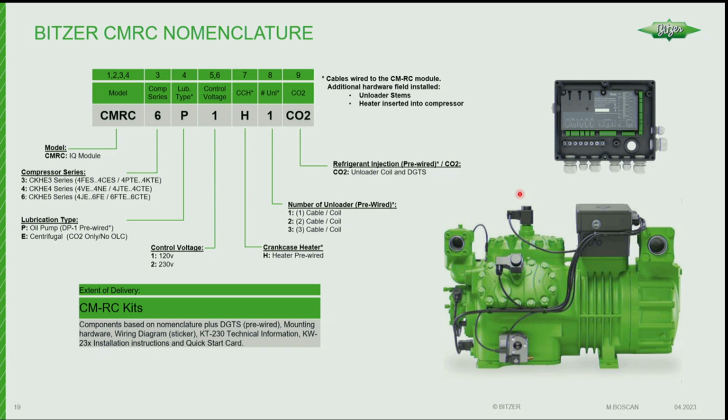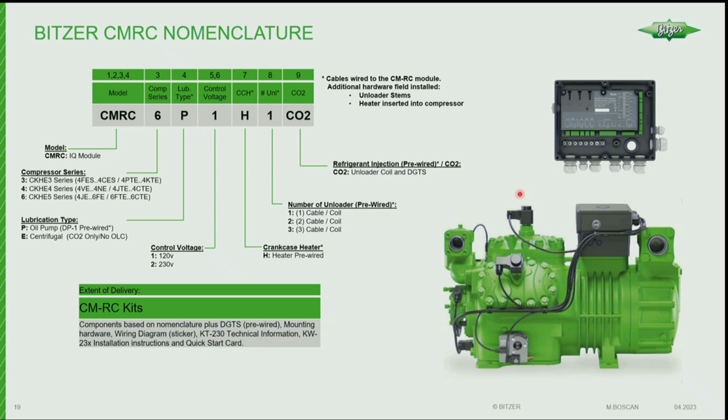So if it has a positive displacement oil pump, there's a switch on there or a transducer to measure that pressure differential. If it has a centrifugal lubrication, there's not a sensor to check oil level in the bearing.